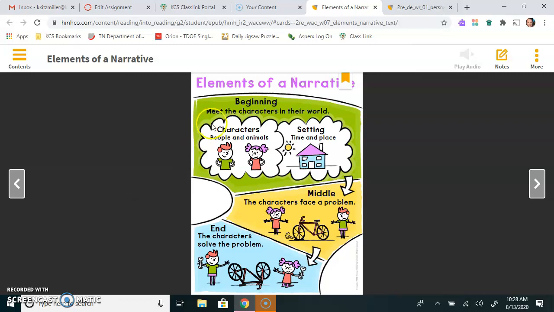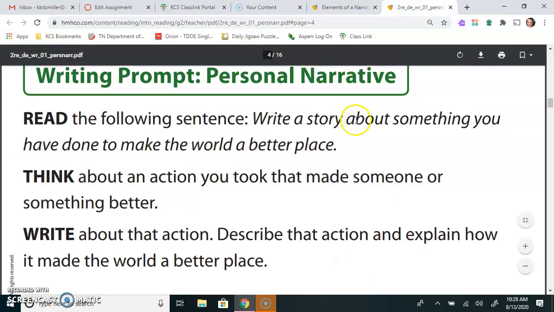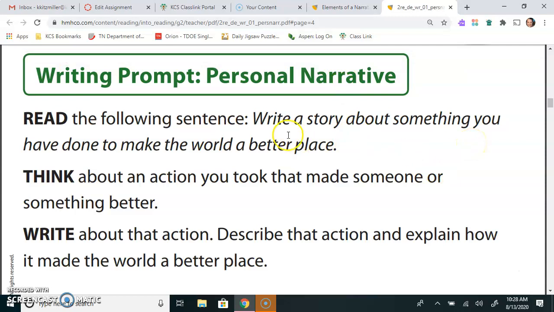So here's what we're going to be doing. We're going to be working on a personal narrative. We're going to write a story about something you have done to make the world a better place. So we're talking about being a good citizen, and citizens work hard to make our world better.